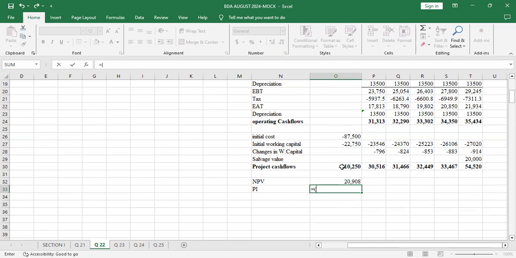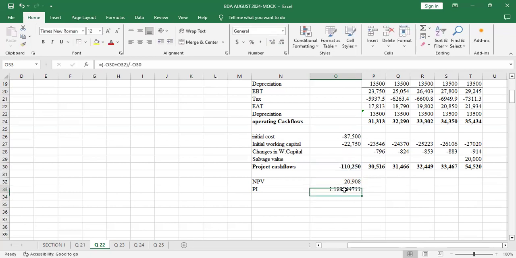So I'll introduce a negative sign before that. Then you add it to NPV, then you close the bracket. Then you divide by the project cash flow for year 0, the initial cash outlay. I'll also change it to positive, so I'll put a negative sign and pick it once again. Then I enter. So the profitability index is 1.18.